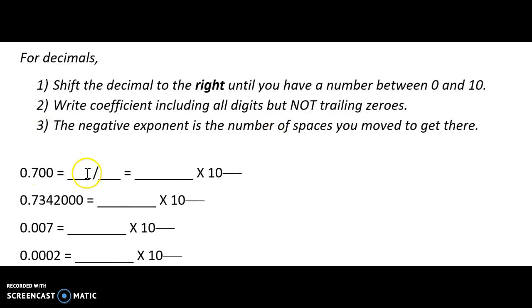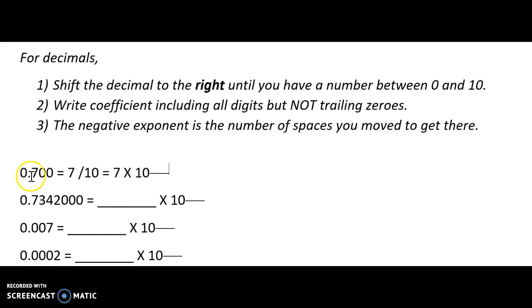So for 0.7, what that really is is a fraction. It's 7 divided by 10. And the coefficient is 7, right? That's a number between 0 and 10, times 10. And what would the exponent be?